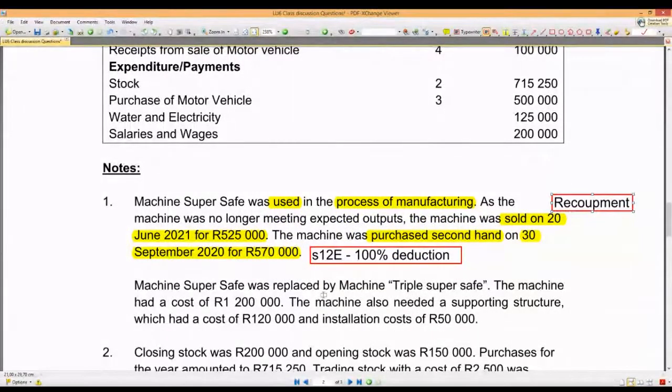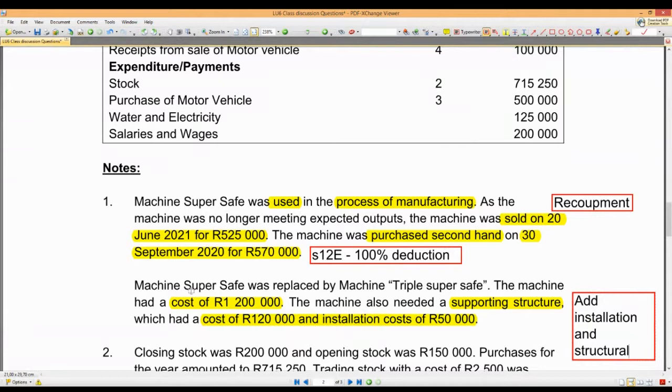They also say the super safe machine was replaced. Okay, so we replaced that machine with machine triple super safe, and that cost us 1.2 million, and the supporting structure cost us an additional 120, and the installation also cost 50,000. So we said when we do the original cost, we add any installation and structural costs to the value.